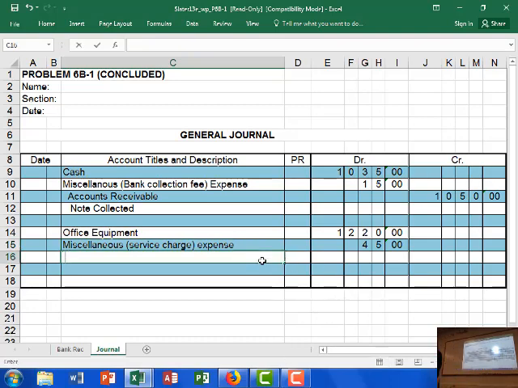And now we'd also have to show a total, or our credit of cash, to be $1,265. And again, that's showing the purchase of office equipment.